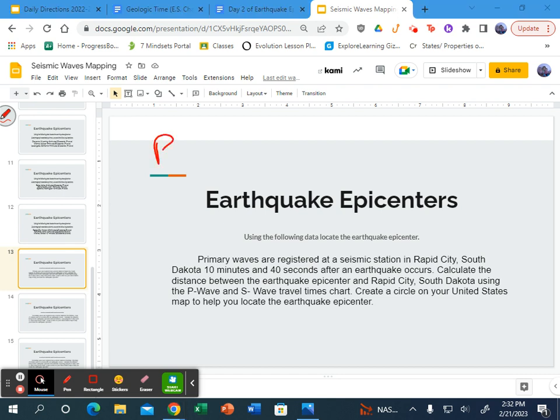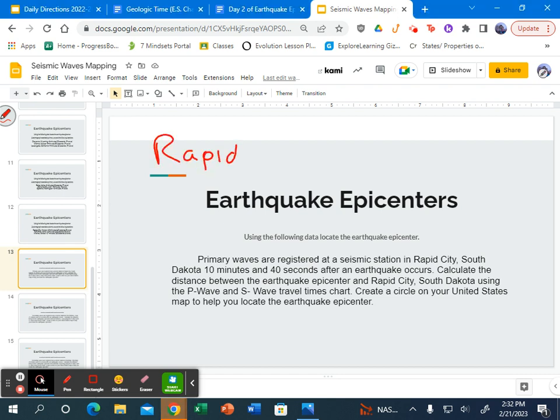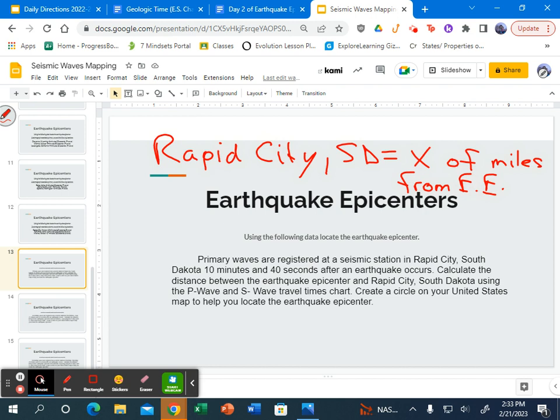So another way of looking at that is we're going to say that Rapid City, South Dakota, is X number of miles from our earthquake epicenter. And I'll abbreviate that with EE.